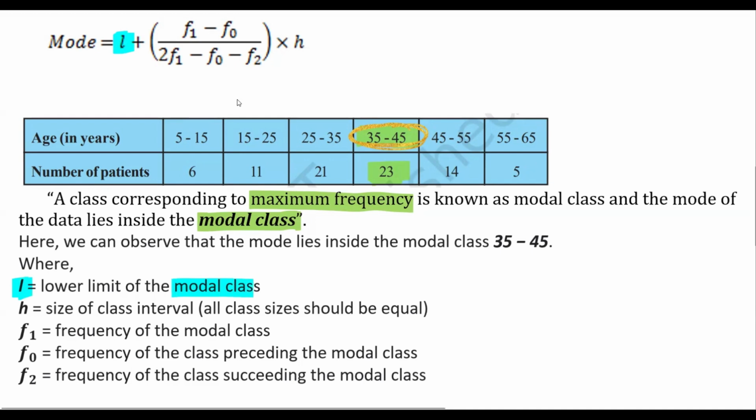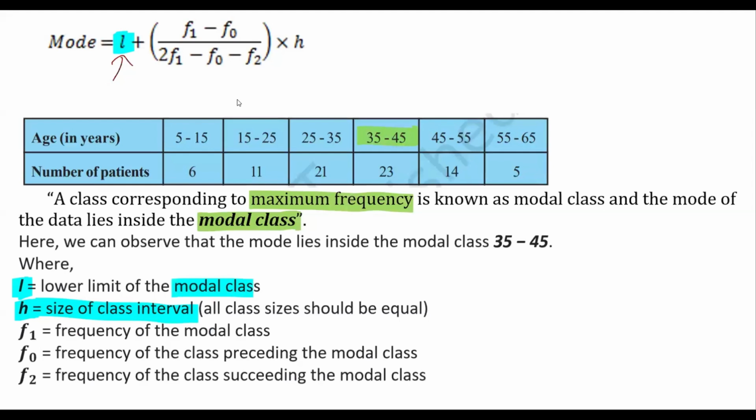So the lower limit is 35 for the modal class. The next symbol is h, the class size.